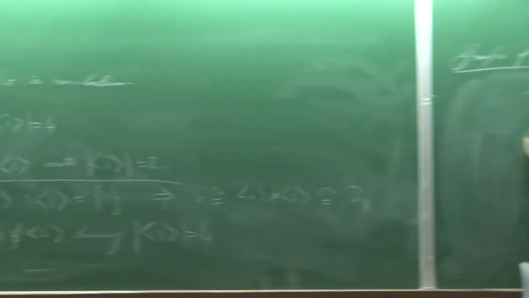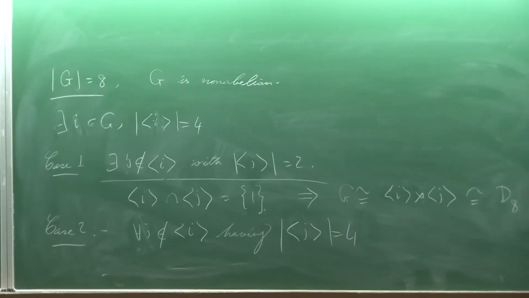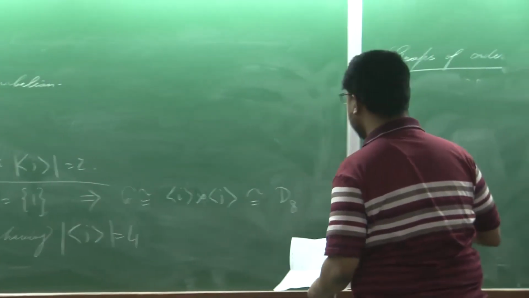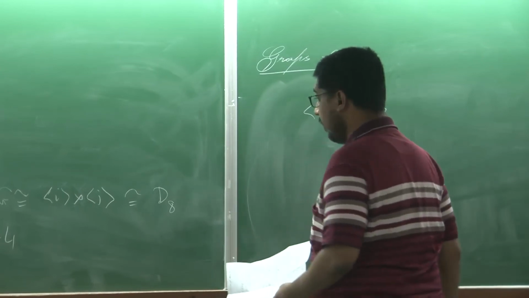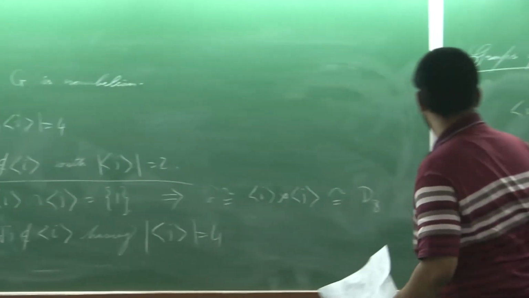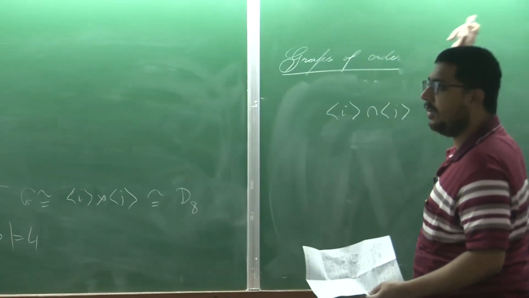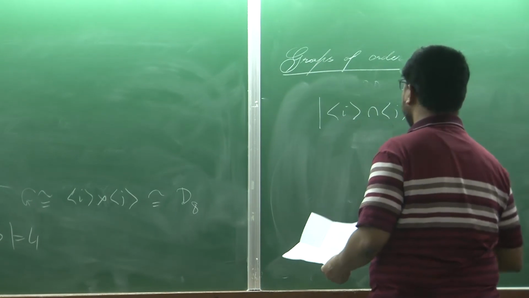The following are immediate. The intersection cannot be trivial, because then the product of these two groups would have order 16. So the intersection must have order 2.